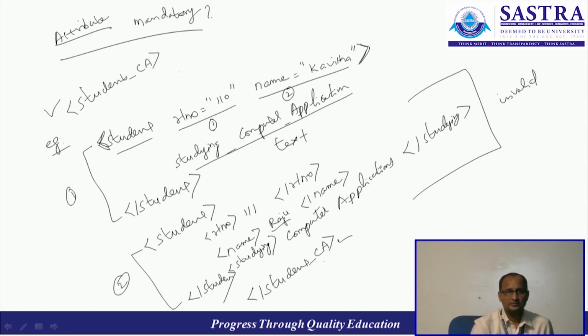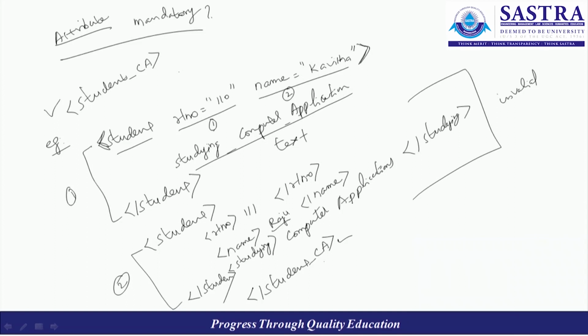Why? Because I have written a rule about student: the student element should have 2 attributes and text alone. In the sense, this second record will be invalid.